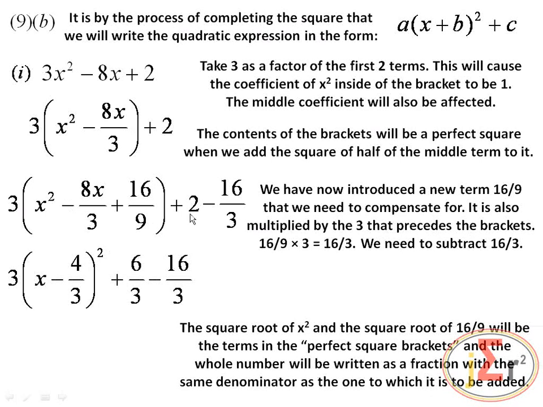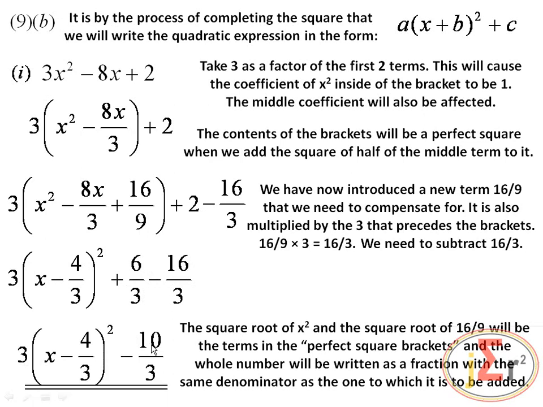Also, in order to add this whole number with this fraction quite easily, we write the whole number with the same denominator as the fraction that we have right here. By so doing, we say 3 2's 6, and we put that over 3 again. So 6 divided by 3 is actually 2. However, we have a denominator of 3 right here, making it easy to combine these two numbers because they have the same denominator.